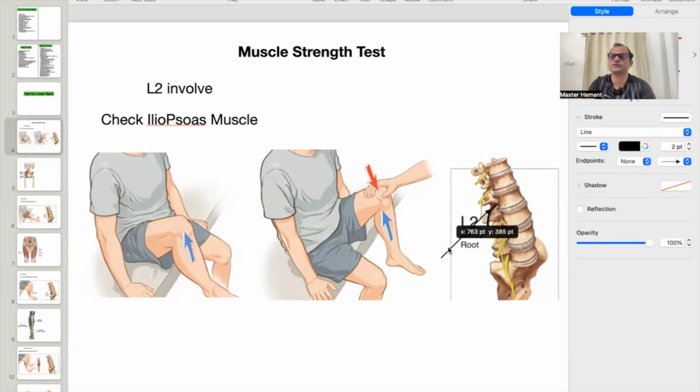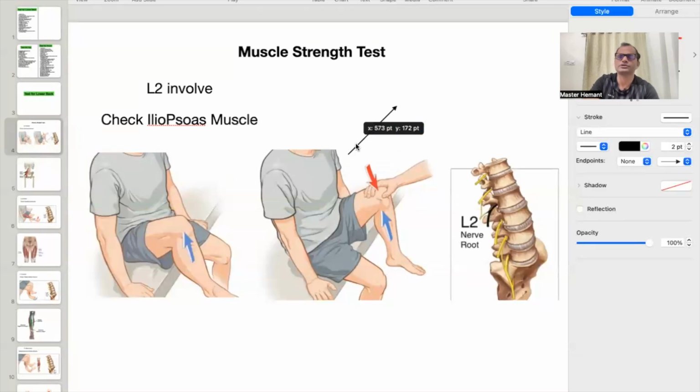Maybe some person is suffering with the lumbar 2 slip disc spondylosis, then it will affect the iliopsoas muscle. And iliopsoas muscle is doing flexion. Iliopsoas muscle is bringing the leg up.